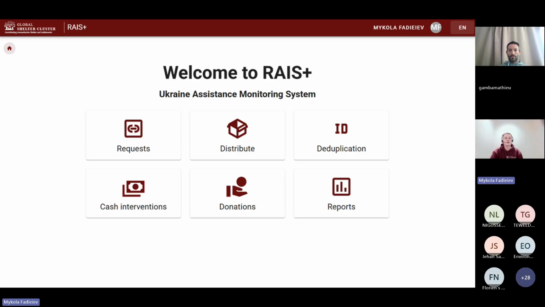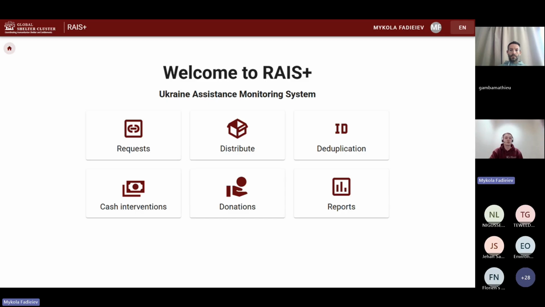We have more than 600 users of this platform, which is more than 100 organizations. Since June, this platform has helped to provide assistance to more than 200,000 households, with different modalities.